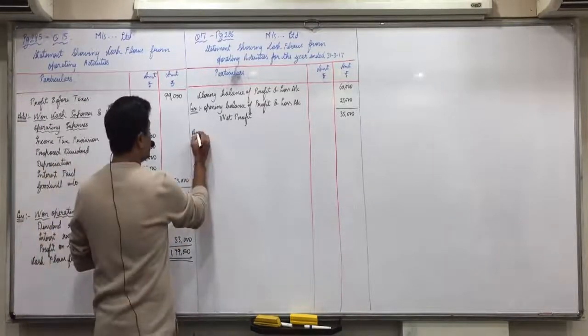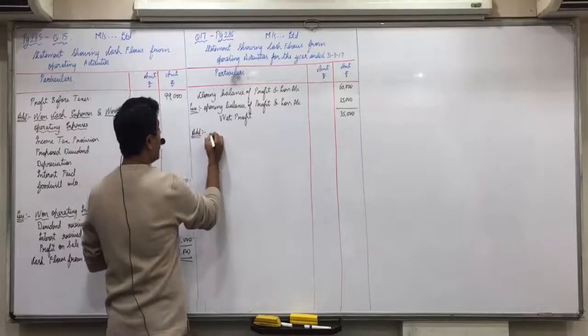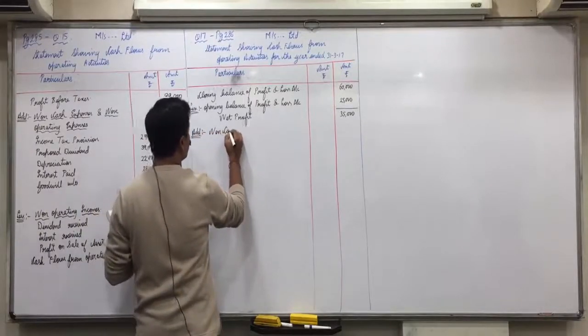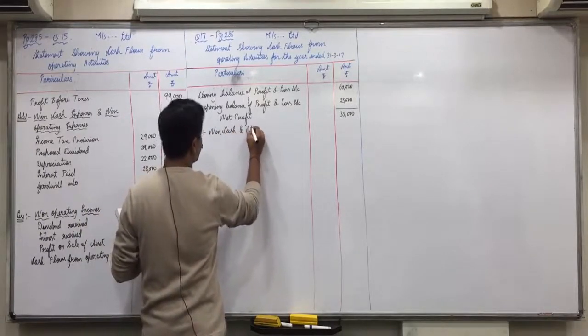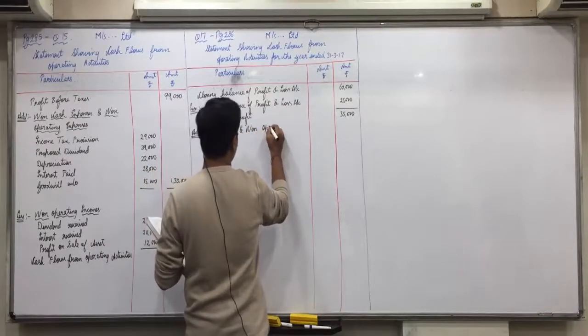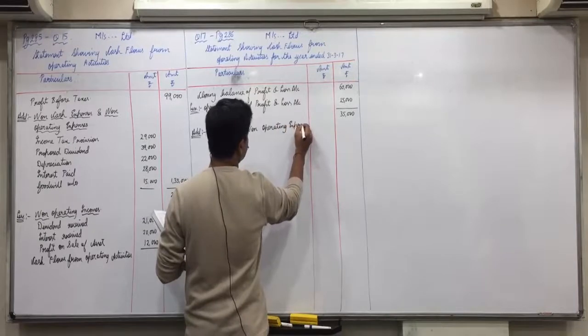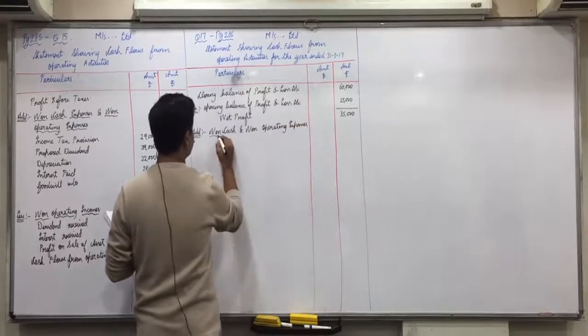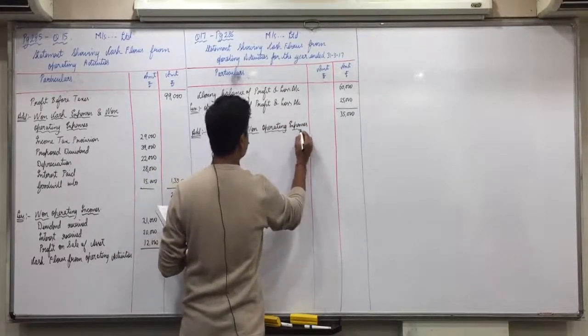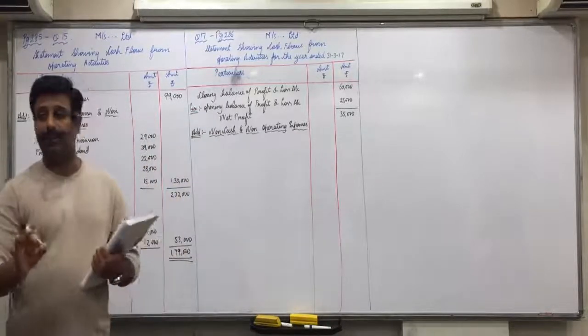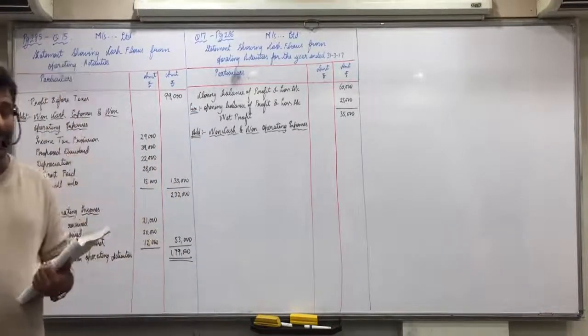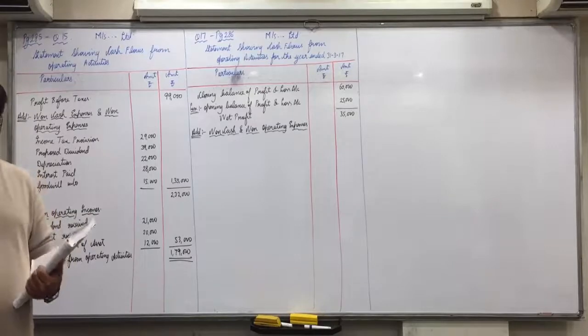Now we have to add non-cash and non-operating expenses. Except CA and CL, all O plus items will be taken.